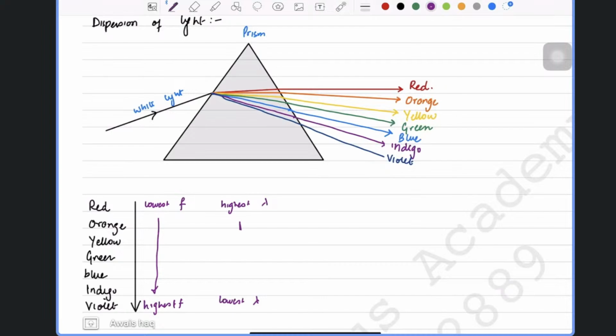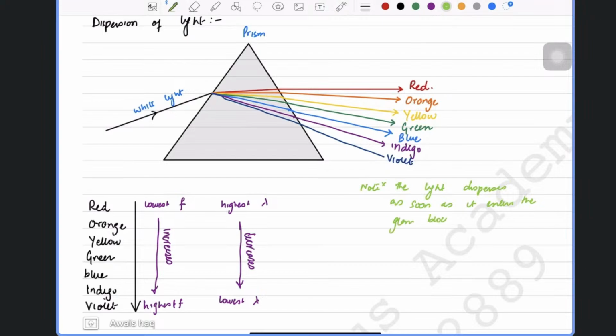Okay, let me write it here. Increases and decreases. One thing I want to tell you, note here, is that the light disperses as soon as it enters the glass block.